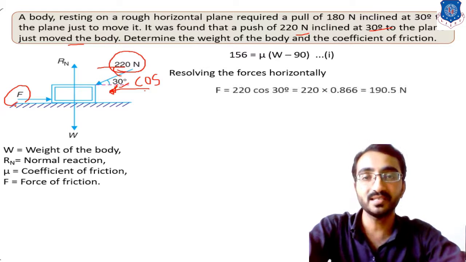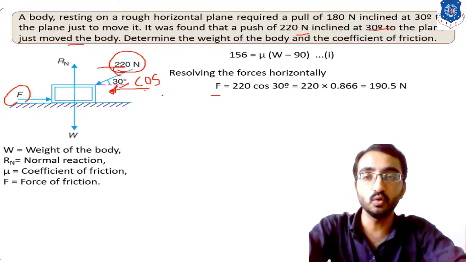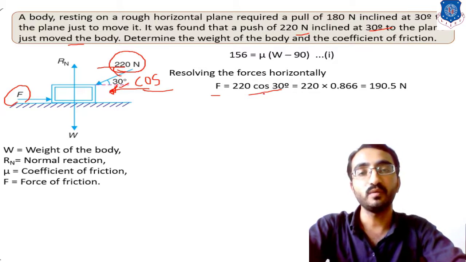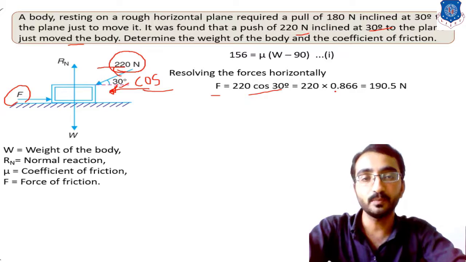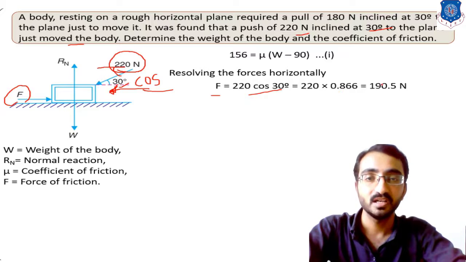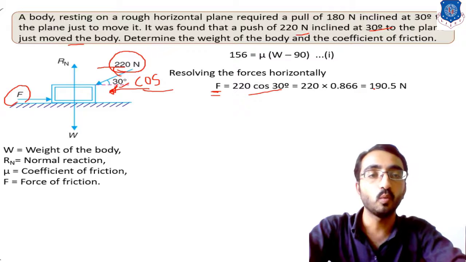So over here we can say that F is equal to 220 cos 30. Okay, so by solving this cos 30 we will get 0.866. So from that we will get the frictional force F is equal to 190.5 Newton.